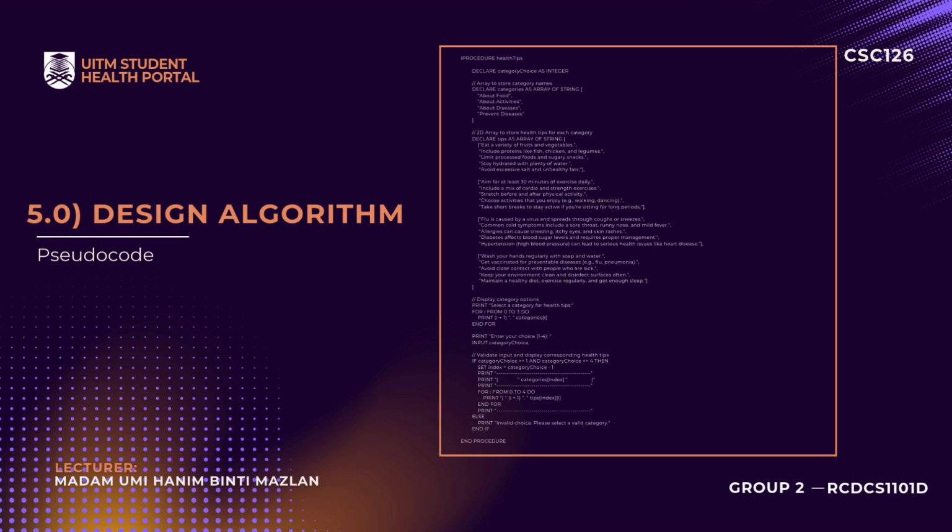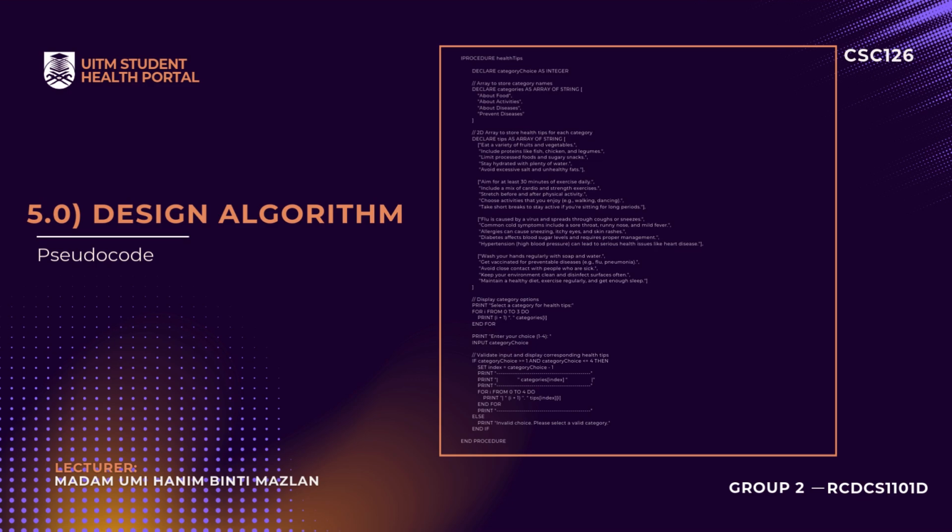If the user inputs the first choice, which is booking appointment, the user will get the chance to choose one of the 6 options. If the user chooses option 2, the procedure called health tips will be called.